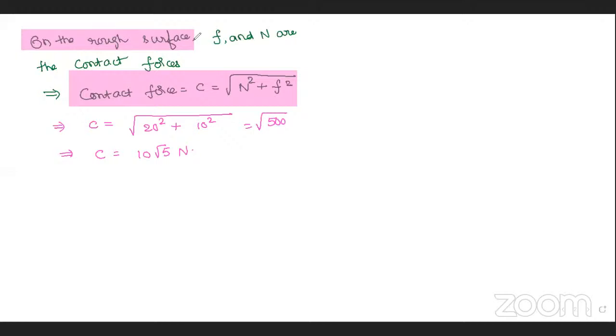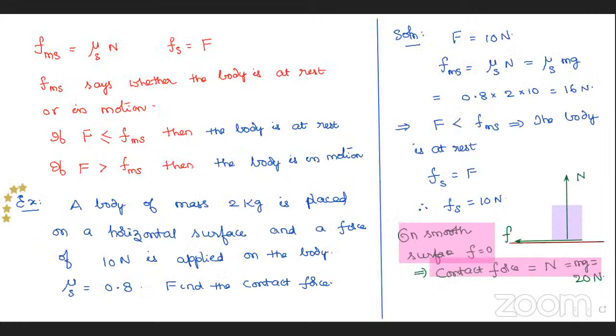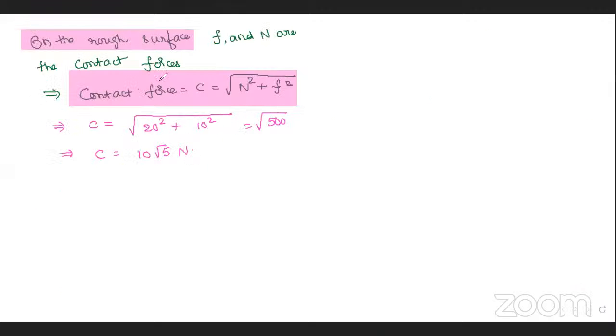Now you understood how to find the contact force? I explained on both the surfaces: on smooth, how to find the contact force, and on rough, how to find the contact force. Very good. So don't go into the misconception that contact force is only the friction. Friction and normal reaction, the resultant we have to find out. It is the contact force.